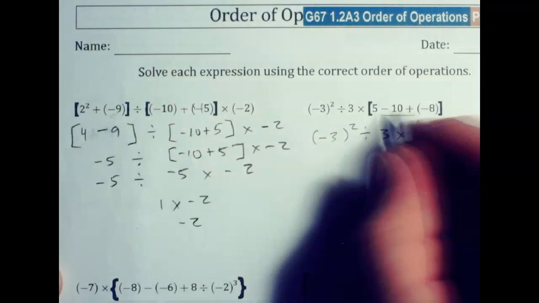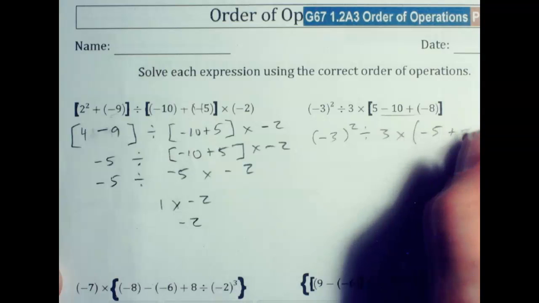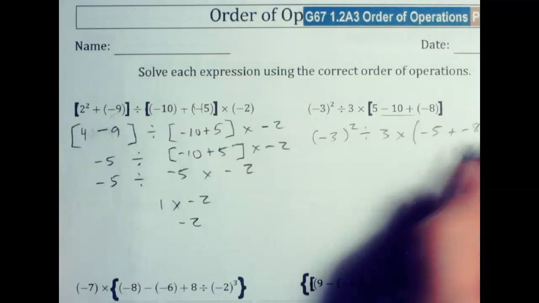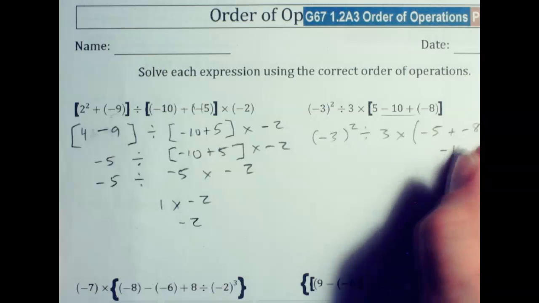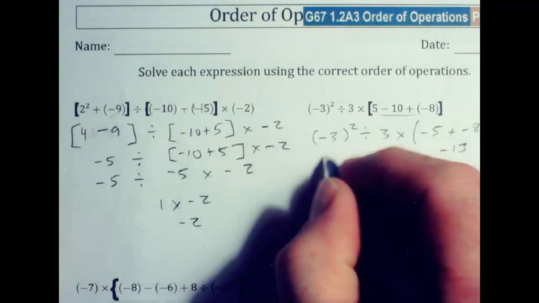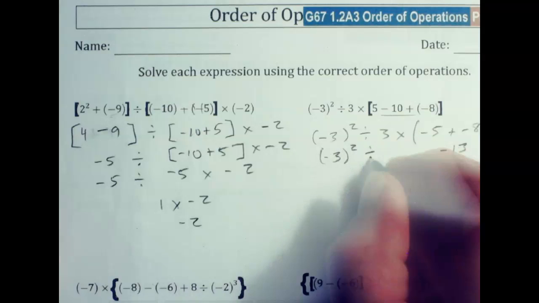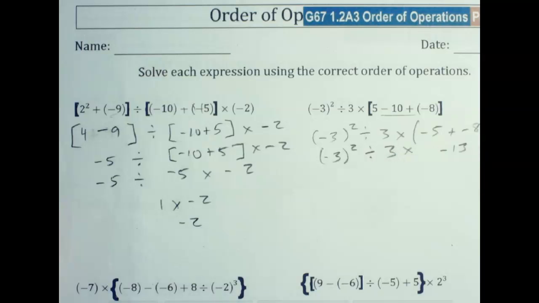Well, 5 minus 10, that's going to be -5. And that's going to be plus a -8. Like that. Okay, so now I still have to stay within these parentheses, and sometimes I just take care of that. That's going to be a -13. So that'll be -3. That's squared. That's going to be divided by 3 times a -13.